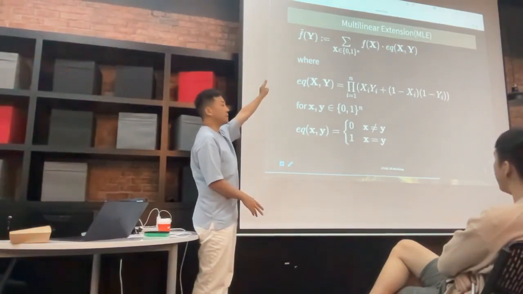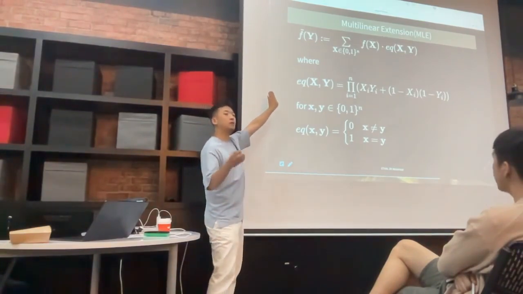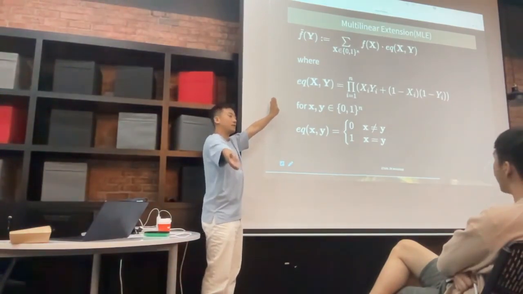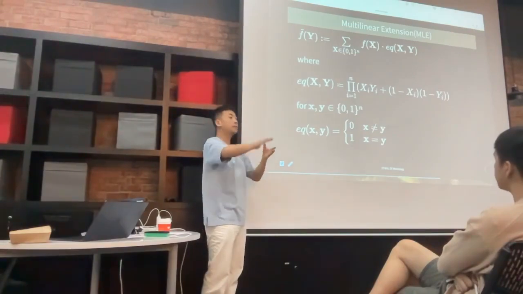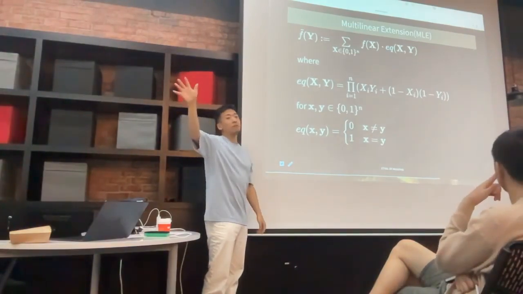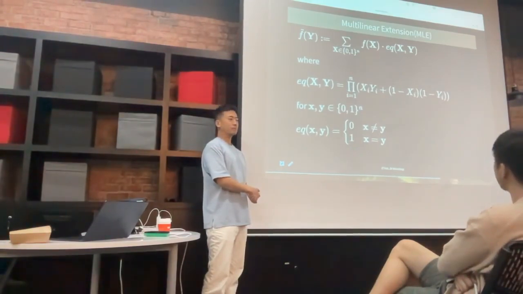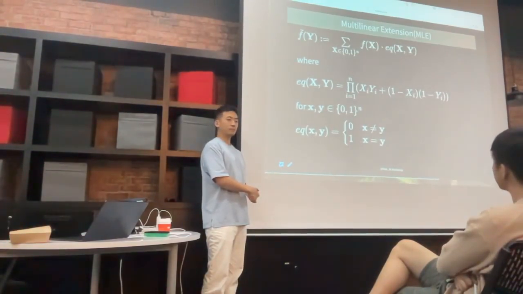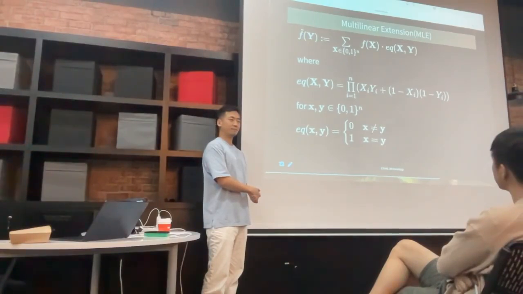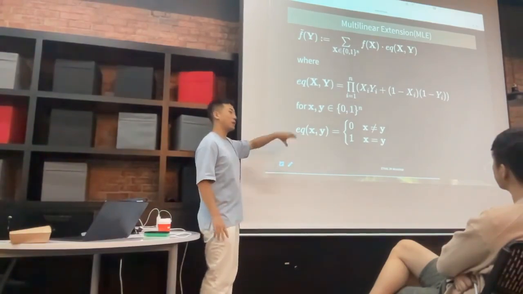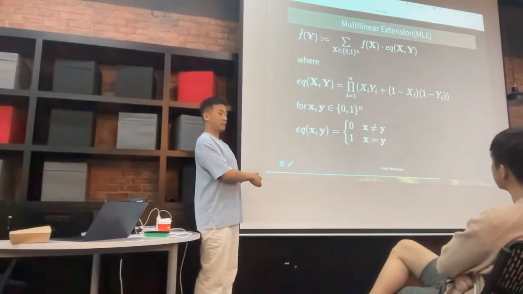Then f tilde of y will give you the same value over the whole Boolean hypercube as the original f of x. This is how we can make the multilinear extension.